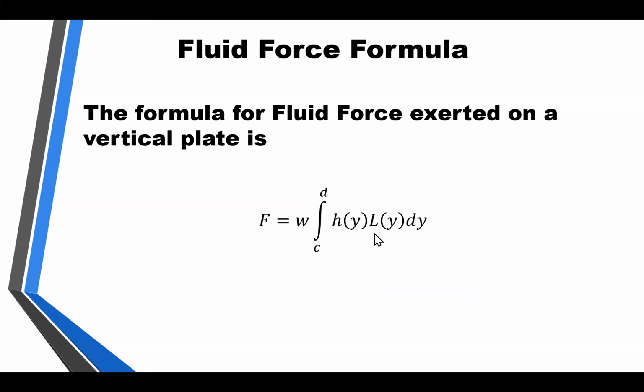That's going to be the length of each of those rectangles. So integrate depth times length of rectangle, all with respect to y, and then multiply times the weight density. Weight density is going to be a constant, so you can pull that out front. That is the fluid force formula of how much fluid force is being exerted on a vertical plate.